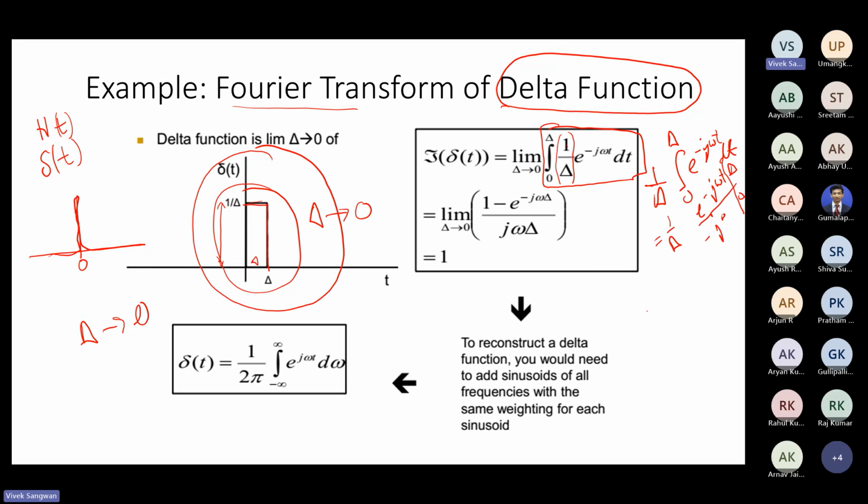So you get 1 over delta times e raised to the power minus j omega delta minus 1, by minus j omega. So you swap, you take this sign up, you get 1 minus e raised to minus j omega delta, and at the bottom you combine this delta here, you get j omega delta.